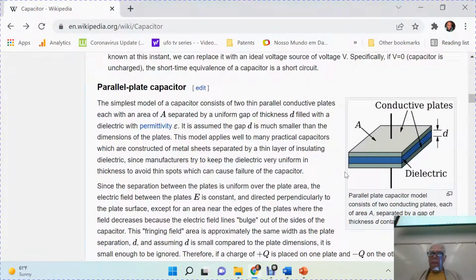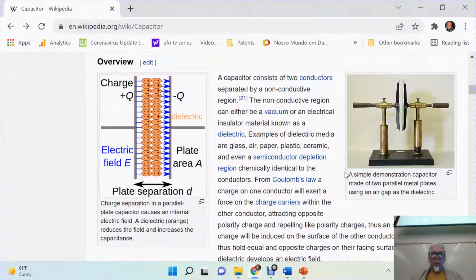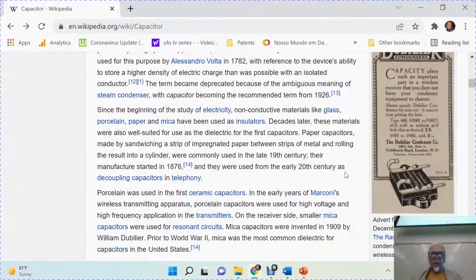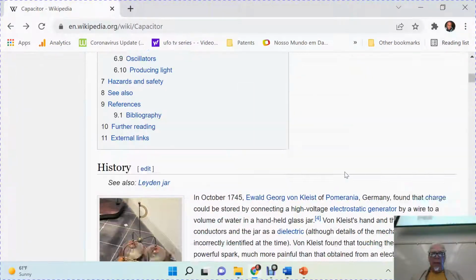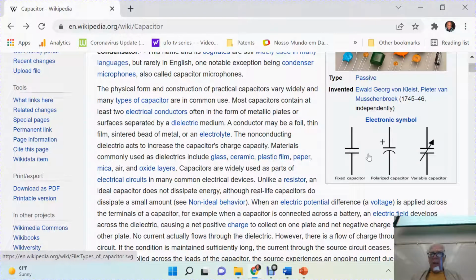So here you go. The symbol of the capacitor is the symbol for the parallel plate capacitor. We usually use this symbol here for the capacitor.